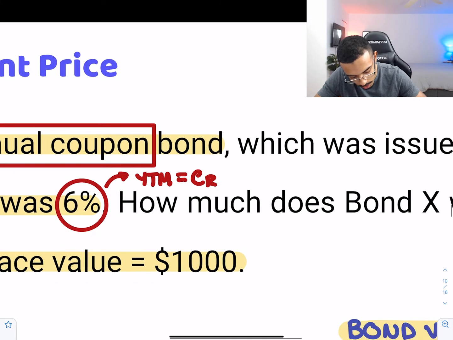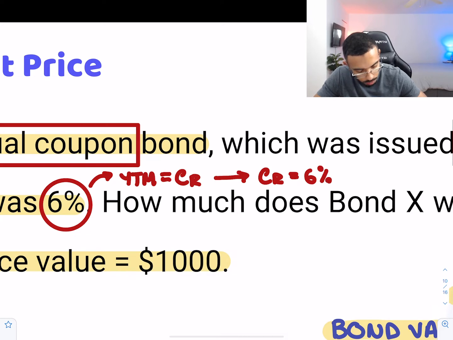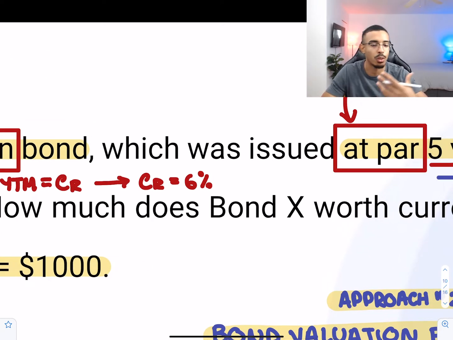Therefore, this means that our coupon rate 5 years ago was 6%. All right, and why does this matter for us? We look at the coupon rate to find what are the payments that the company, or whatever the case may be, the issuer of the bond, will be making to bondholders. Let me say this one more time. The coupon rate is extremely relevant for us because it's an indicator of what the coupon payments made to the bondholders will be, all right?